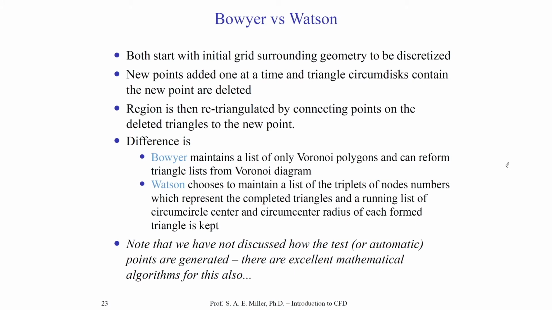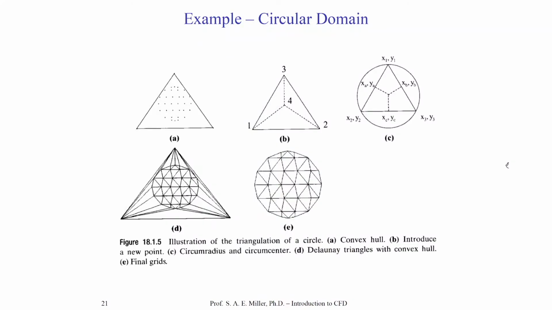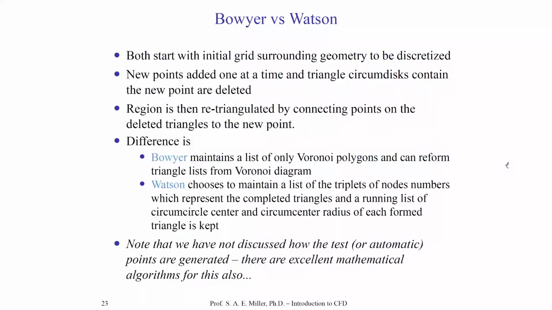Now, there are particular good things and bad things about the Bowyer algorithm. Remember that they both start with an initial grid surrounding the geometry, which we showed in the example here on slide 21. Then new points are added one at a time, and triangular circumdiscs containing the new points would be deleted. There are regions which will then be retriangulated by connecting points on the deleted triangles to the new point.